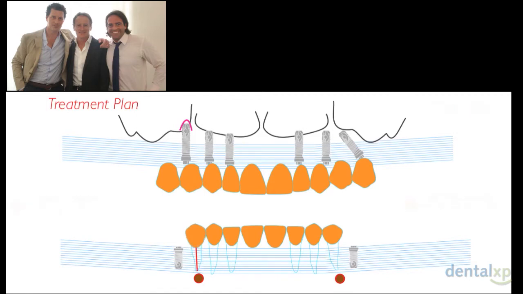After that, we wait for the osseointegration of the implants. While we are doing this, we are going to work on the inferior arch with periodontal surgery, since we see that there were a lot of small pockets that we need to solve. So we need to manage it with an osteoresective surgery.